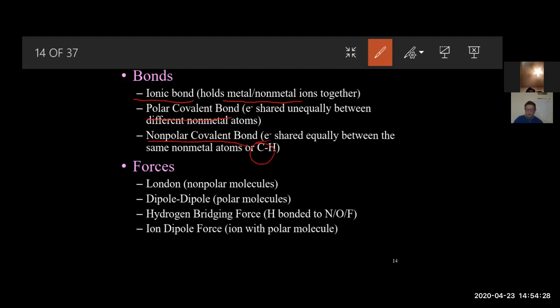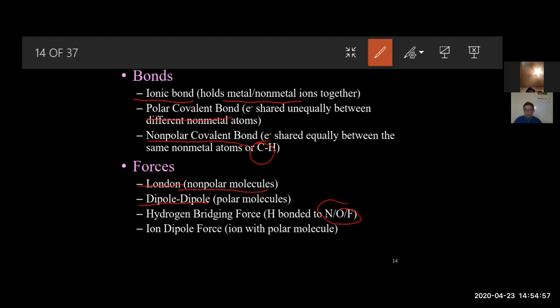Now, with respect to forces, London forces, any non-polar molecule, once you have determined that it's a non-polar molecule, the only force involved is the London force, okay? Well, if you determine it to be a polar compound and it doesn't involve nitrogen, oxygen, or fluoride, then you're dealing with dipole-dipole IMF.